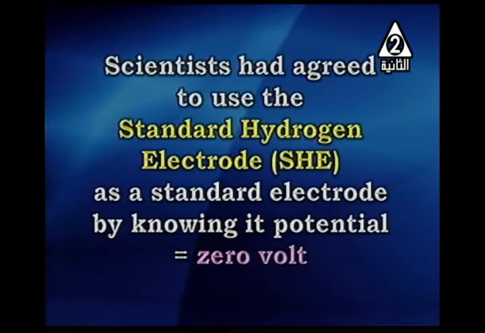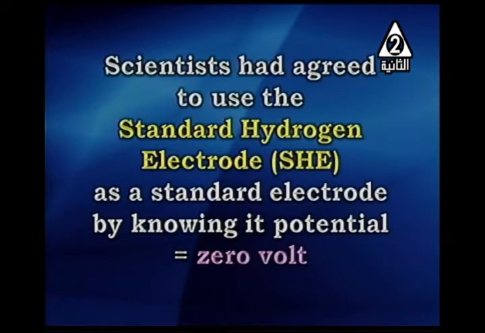If I have SHE, the standard hydrogen electrode, it means this half equals 0, so I can measure the other half of the cell to know how many volts are produced. The volts are produced by the chemical reaction between the metal and its solution in each half of the cell.